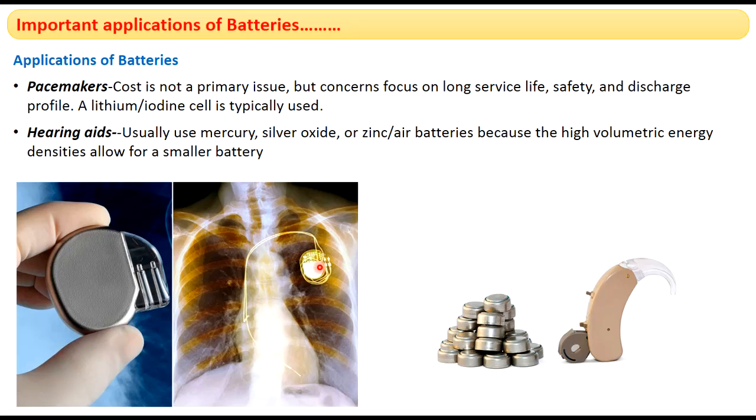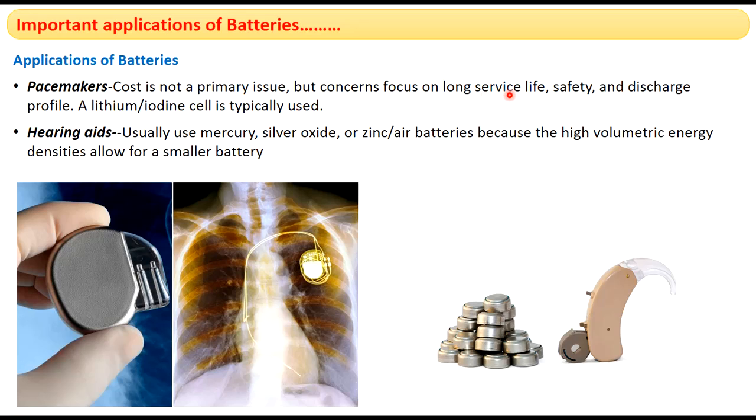These pacemakers run with batteries. An example of such batteries is the lithium iodine battery. And for pacemakers, the battery's service life should be long.